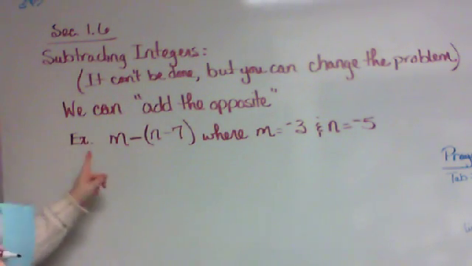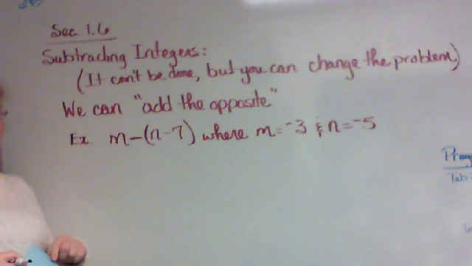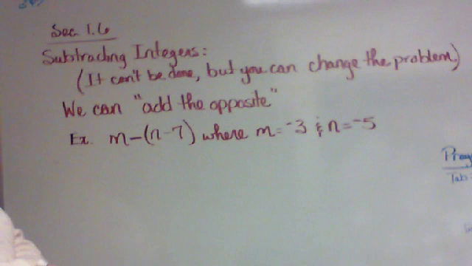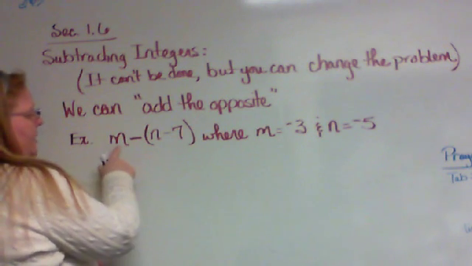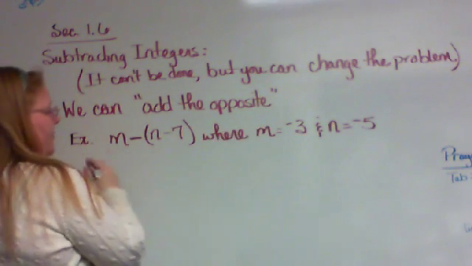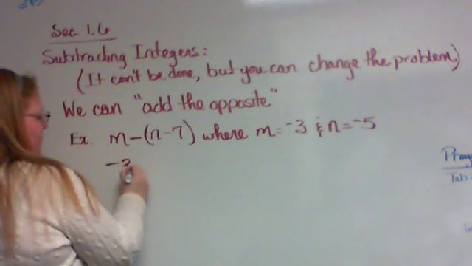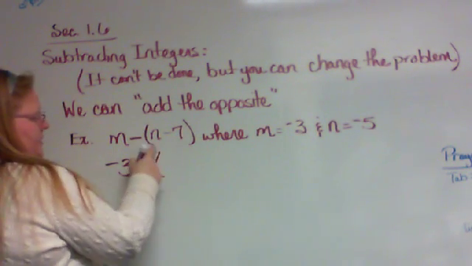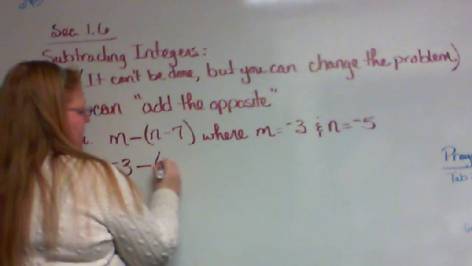If you think you can do this problem without me, I would like for you to pause the tape and we'll see. Okay, so let's see if you did it right. And even if you didn't, I'm still going to explain it so you'll know how to do it. So in place of m, I need to put what they told me m was. So I'm going to go ahead and write my -3 minus my parentheses. In place of n, I write down what n is.